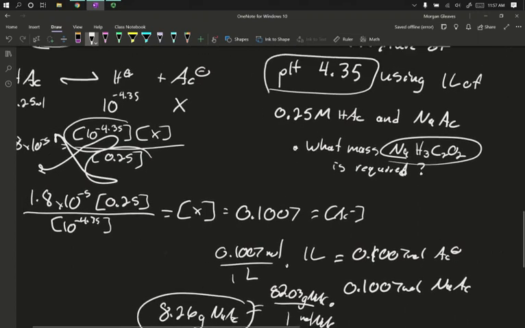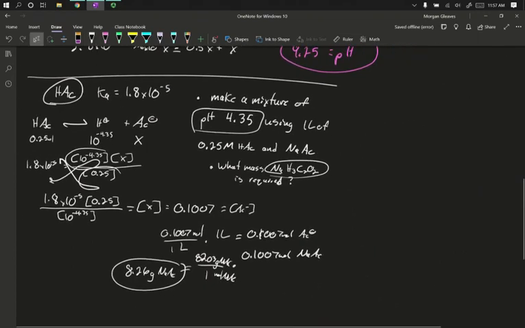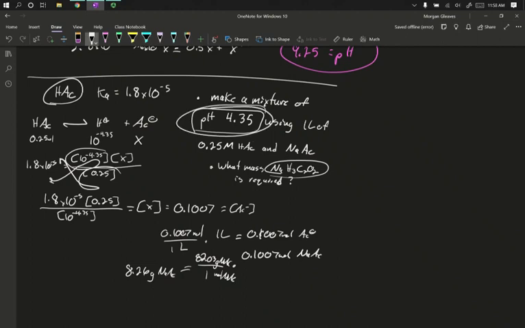Every little bit I added would adjust my pH. It would have started at 2.3 something, sprinkle a little sodium acetate in, it'd raise it a little bit, sprinkle a little bit more, it'd raise it a little bit more. Add sodium acetate until I added 8.26 grams, and it would have raised it to 4.35.